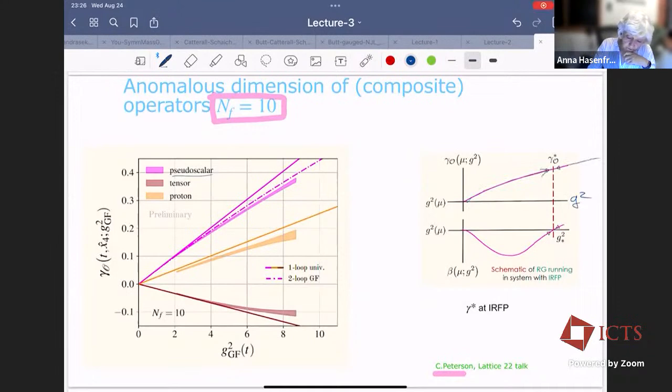The flows, of course, if I would do flows in the flow time, they would turn around, but the value of gamma is totally insensitive to that. It goes through the possible infrared fixed point just the same. I would need to look at the beta function, which is this plot down here.